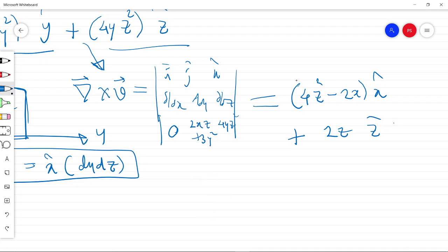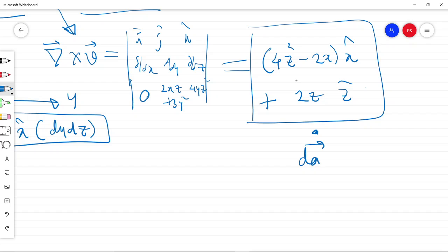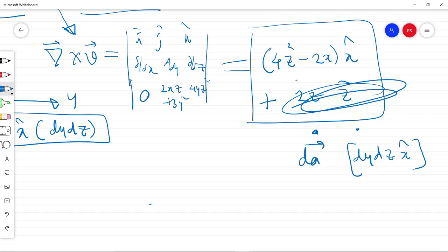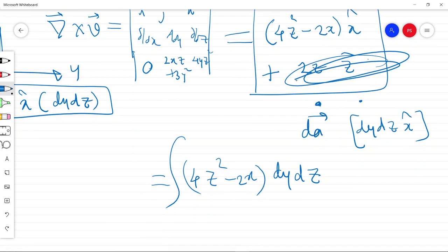Now we have to integrate this. Before that, this del cross V bar has to be dotted with dA bar, that is, dotted with dy dz x cap. So we can see that the z component is going to disappear, and we are left with (4z squared minus 2x) dy dz. Now this has to be integrated over the given surface.